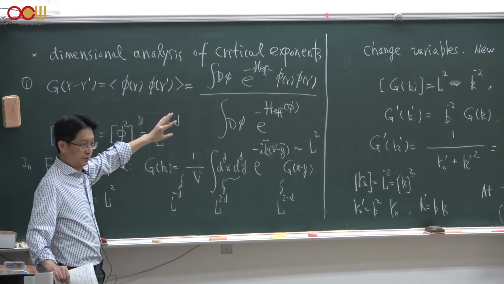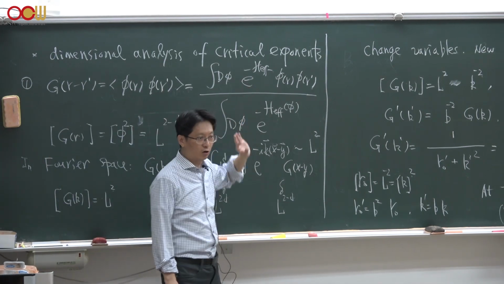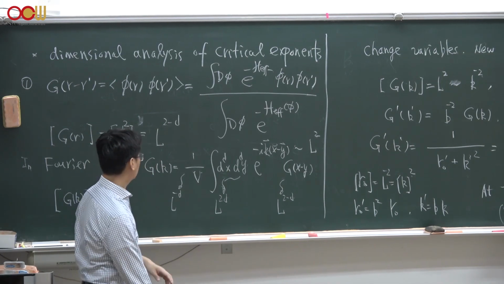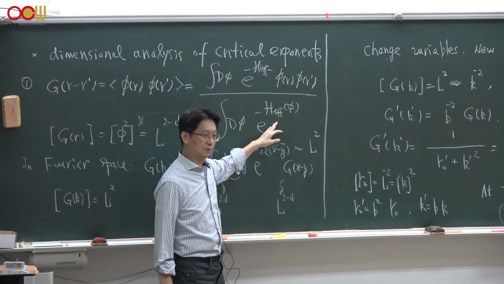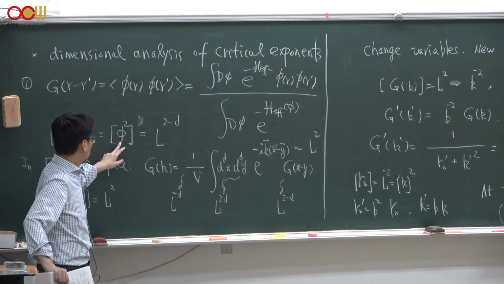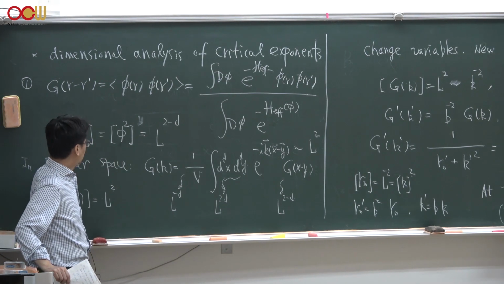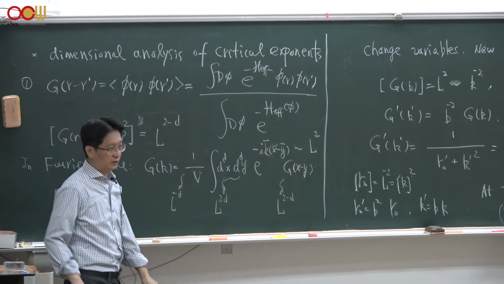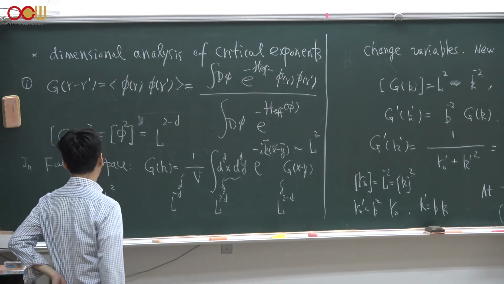Other factors, such as this exponential factor, are all dimensionless, as we discussed last time, especially the H effective written in terms of the dimensionless variables, the coupling constants which we defined last time. So you plug in this dimension of phi, and you get L to the power of 2 minus d as the spatial dimension for g of r.